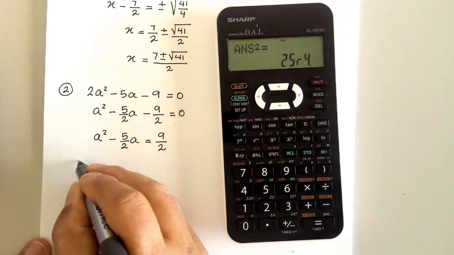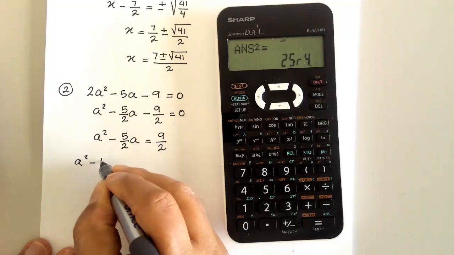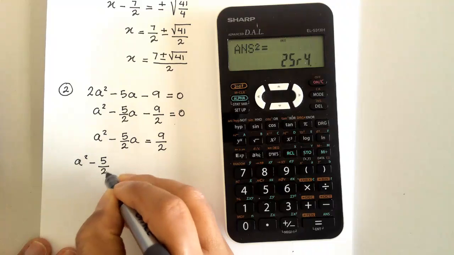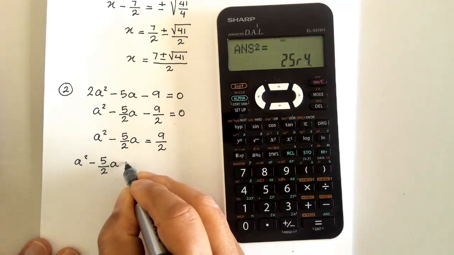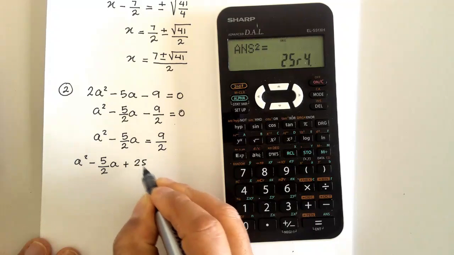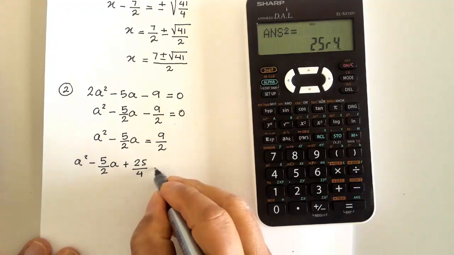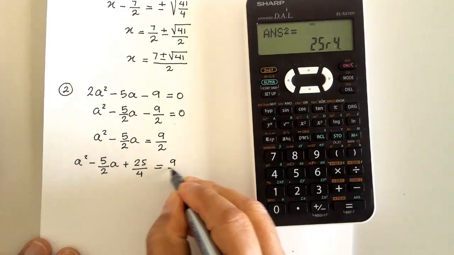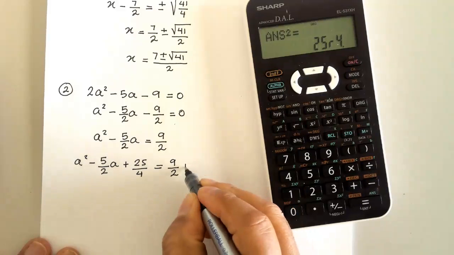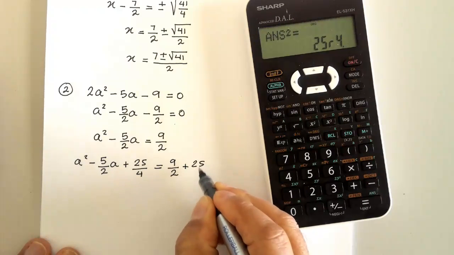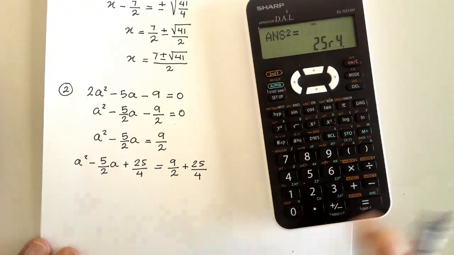So we're going to have a squared minus 5 on 2a, plus 25 over 4, equal to 9 over 2 plus 25 over 4.